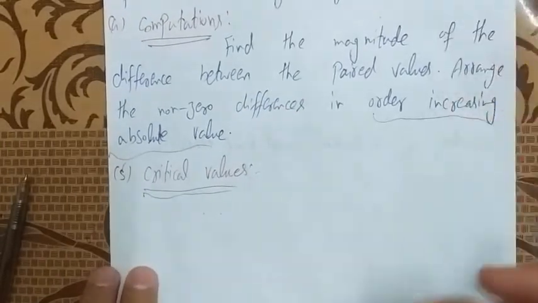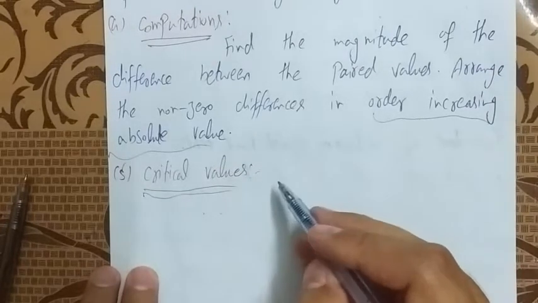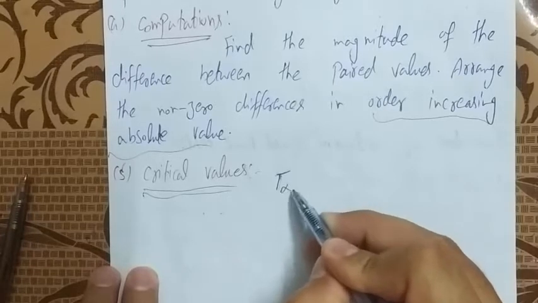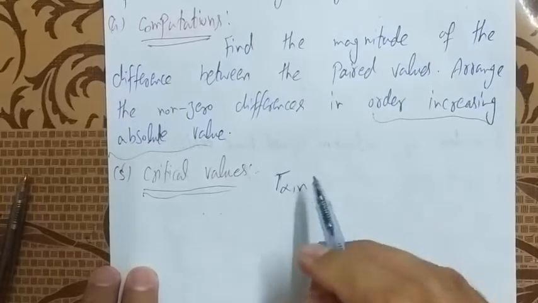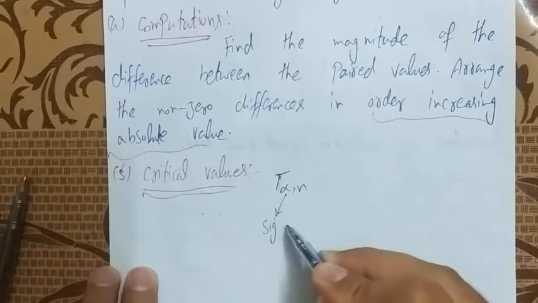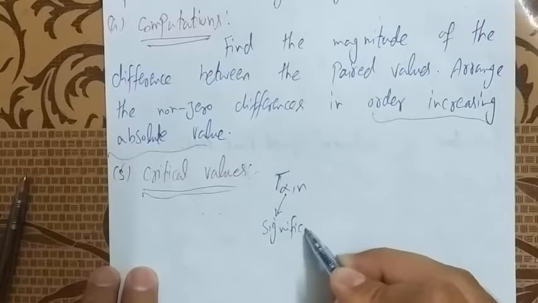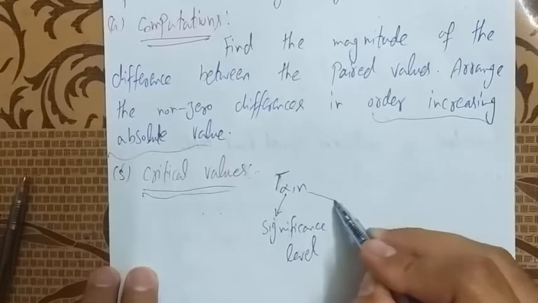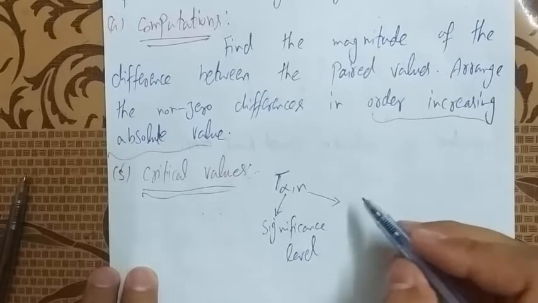Critical values. The fifth step, critical values. Students, we look up T alpha comma n. Alpha here shows the significance level, and n shows the number of samples.